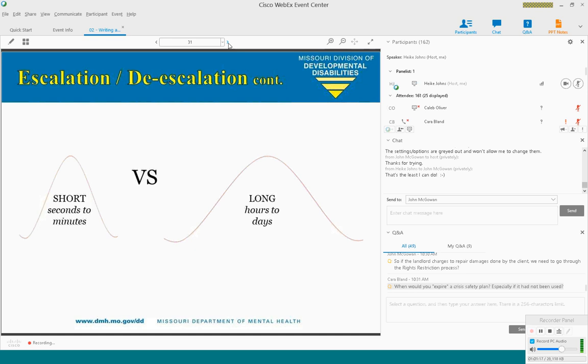A few minutes, hours, days? We need to know what this is so that we can make appropriate plans. How long is the longest an episode of dangerous behavior or a crisis situation lasted? So how long has a person been in crisis? Understanding what the answers to these questions are going to help us know how much support we need to put in place and for how long.